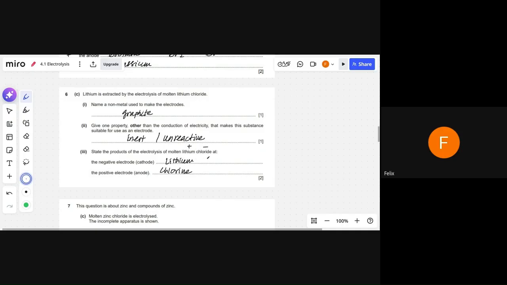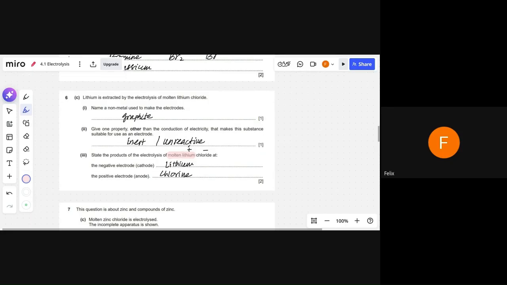Now you can see that there's a pattern in these questions. They're asking about the same concept repeatedly by changing the compounds in their questions. Sometimes they use potassium bromide, like in the previous question.